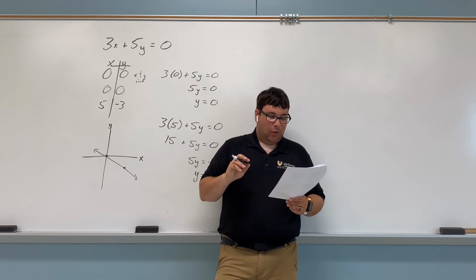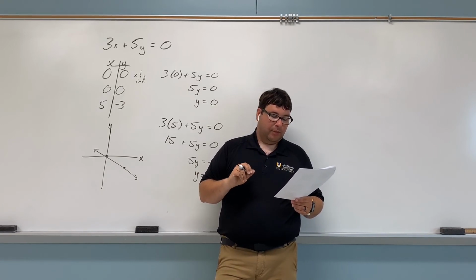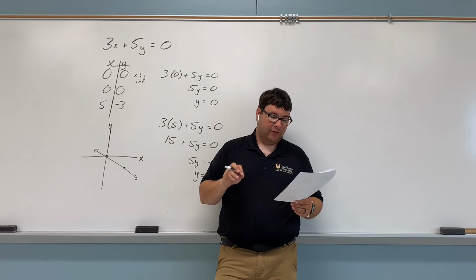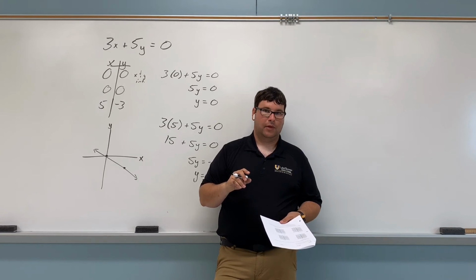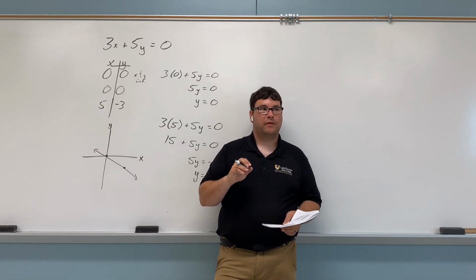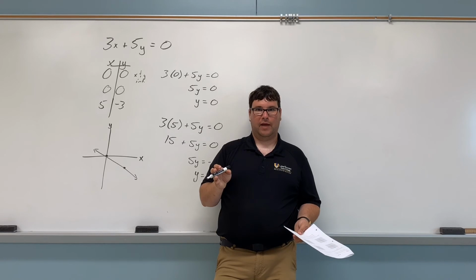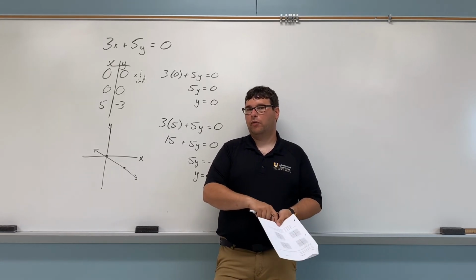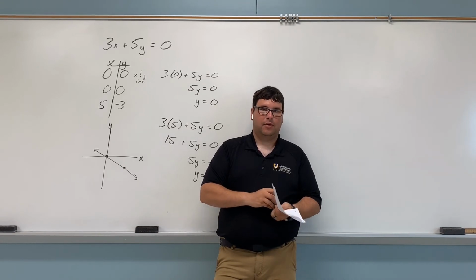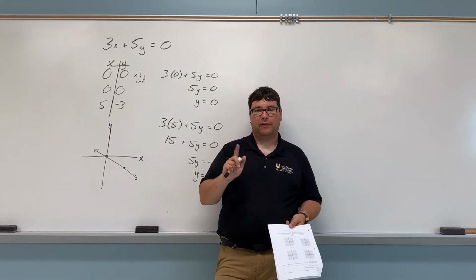Okay, second question. What is the maximum number of x-intercepts a line will have, excluding the line of y equals 0? Now, what this means is how many times will you cross the x-axis with a line? And we said this earlier. With a line, you can only cross one time on either axis.